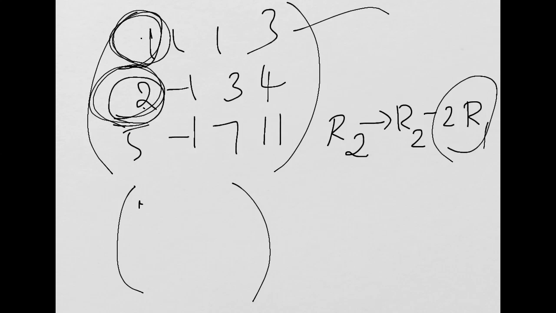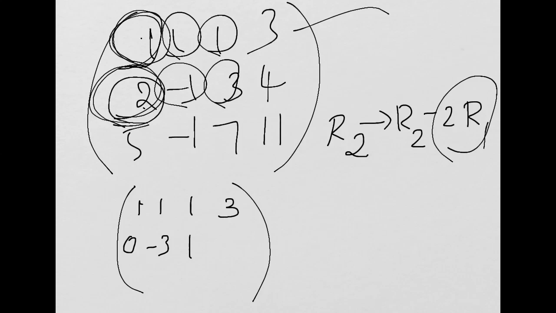Yes, I can. So the first row is untouched. The second row is now going to become a 0 in the first place. Here again, if I multiply this with 2, I get a 2, and subtract from here, I'm going to get minus 3. If I multiply this with a 2, I get a 2. If I subtract from here, I'm going to get 1. If I multiply this with a 2, 6. If I subtract from here, minus 2.